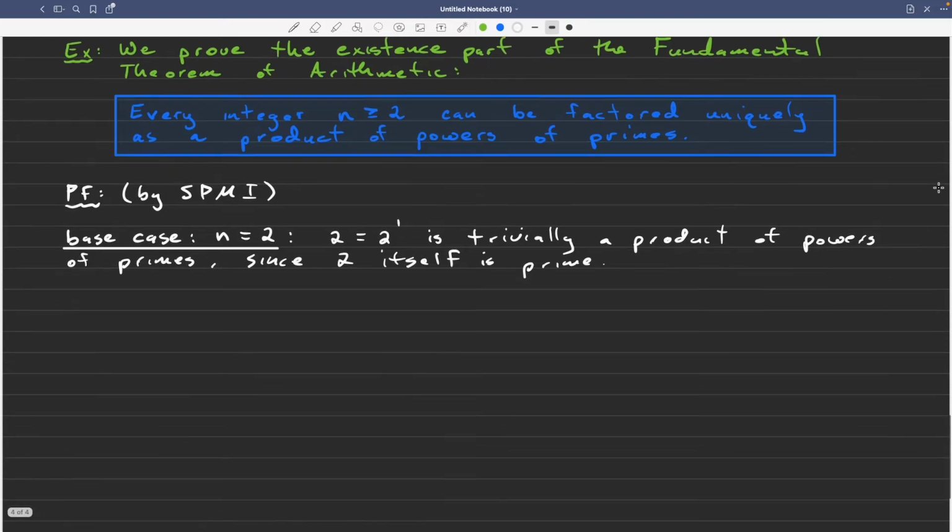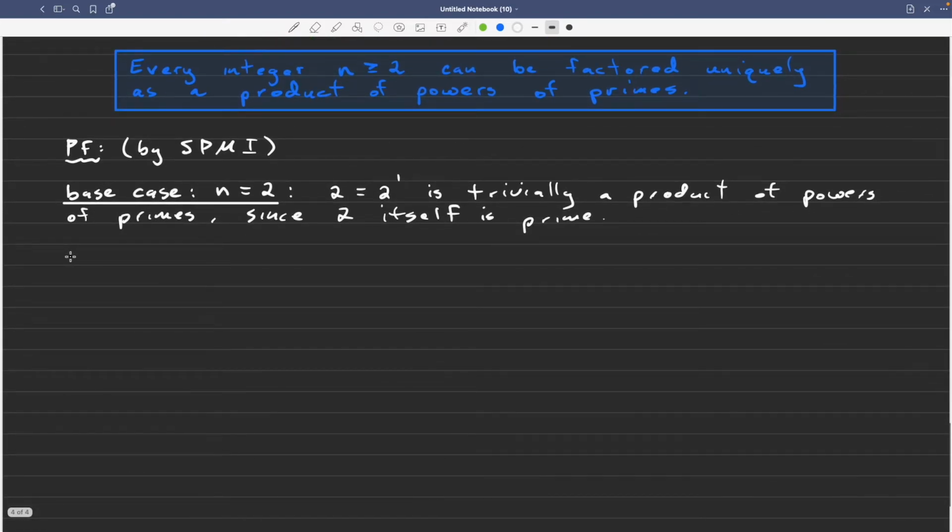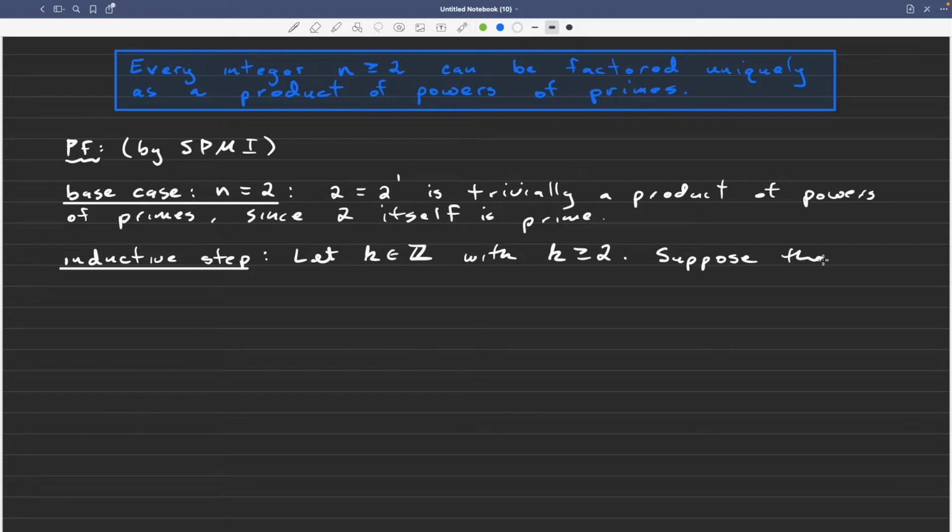Okay, now let's look at the inductive step. So we want to take k in the integers, greater than or equal to our base case. And now we want to make our inductive hypothesis. So we want to suppose that every integer that falls between the base case and whatever k is can be written as a product of powers of primes.